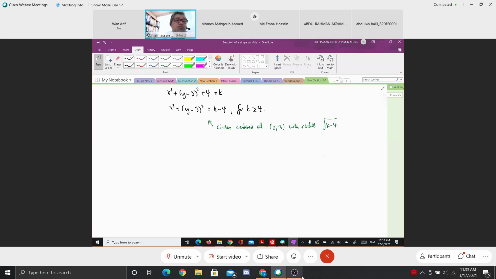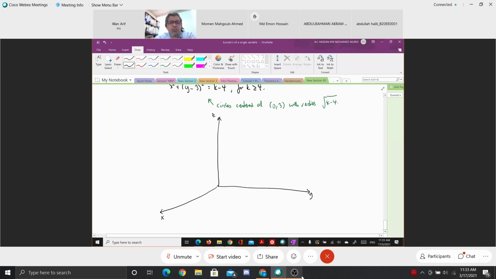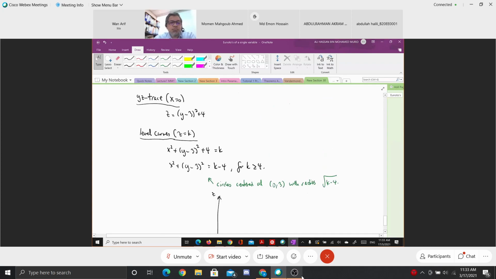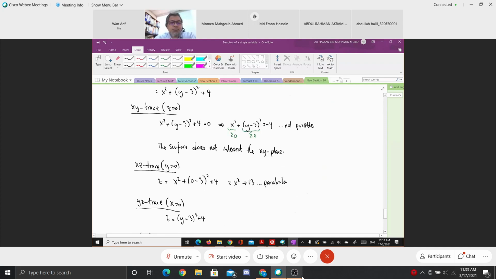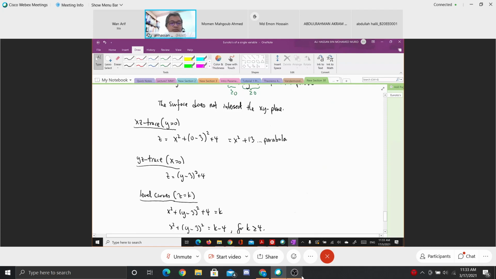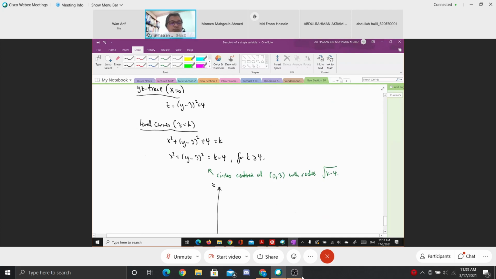So I think we have enough information now to sketch the surface. We know the surface does not intersect the xy plane.